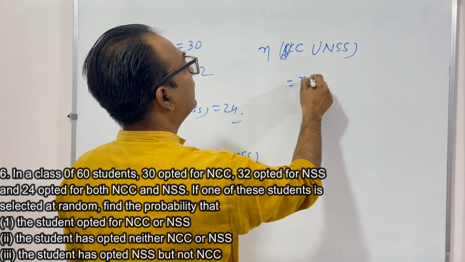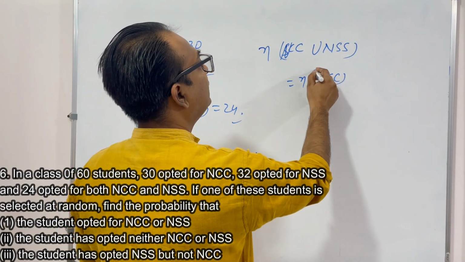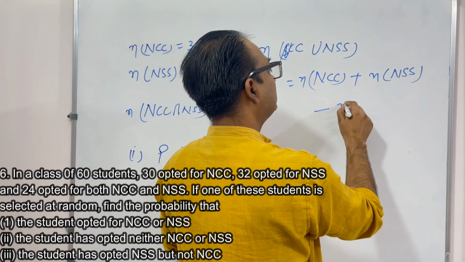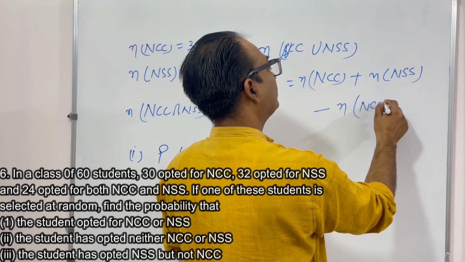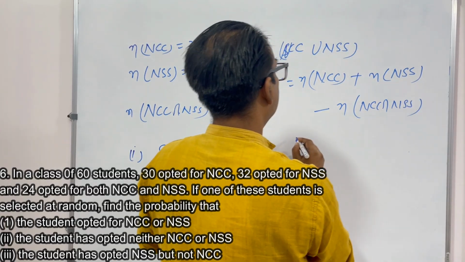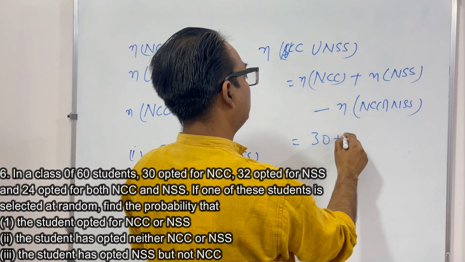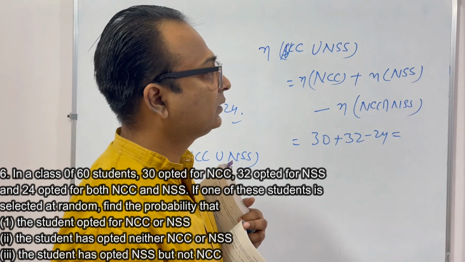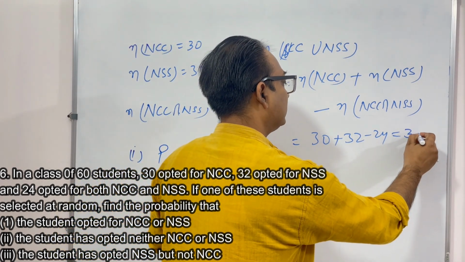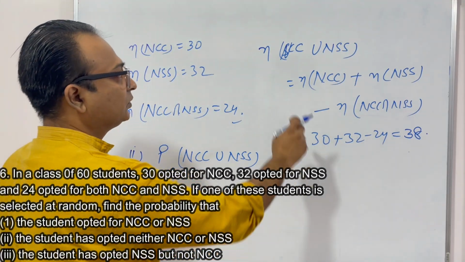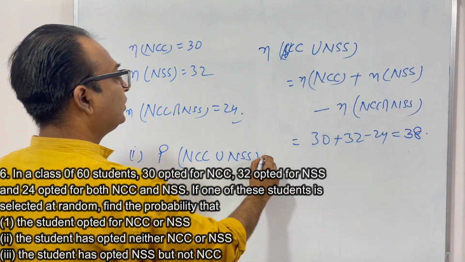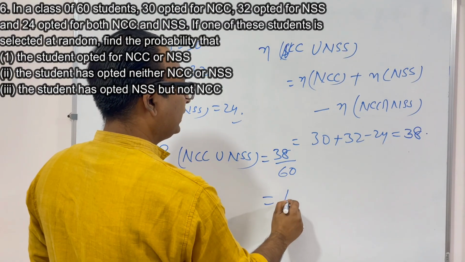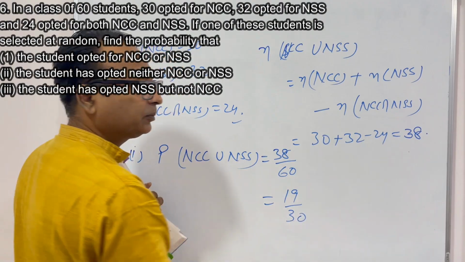This is equal to NCC plus NSS minus the intersection of these two. So this will be equal to 30 plus 32 minus 24. 62 minus 24, so that will be 38. Okay, so we know the value now. So this is equal to 38 by the total students, 60. So this will be equal to 19 by 30. This is the first part.